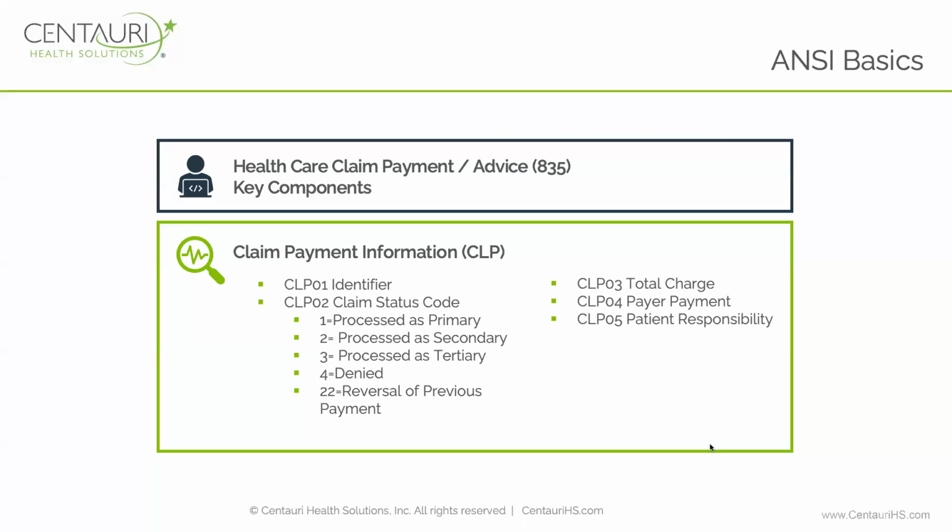So the payer amount, and again, if you think of the 835 as a long string of accounting transactions, that CLP 04 is going to add up to essentially when you get this batch of 835s and then you're going to get an EFT for your payment, it's going to match the CLP 04 minus any of the 22s. That should balance. And generally, you'll have somebody in your accounts receivable that's looking at those numbers, balancing it out.